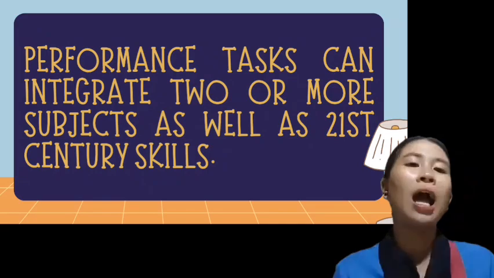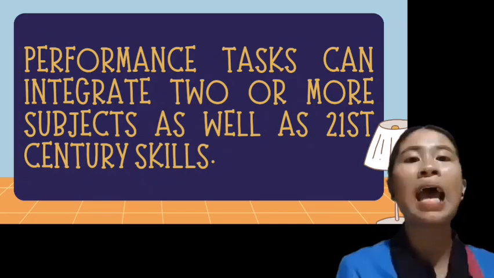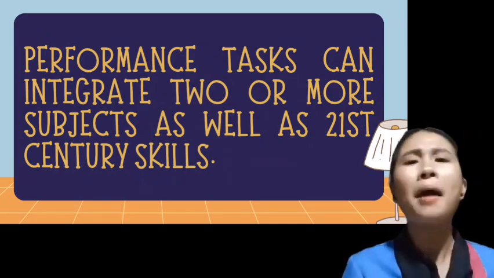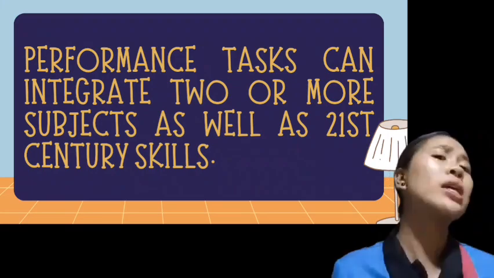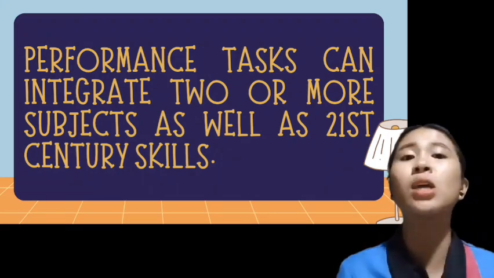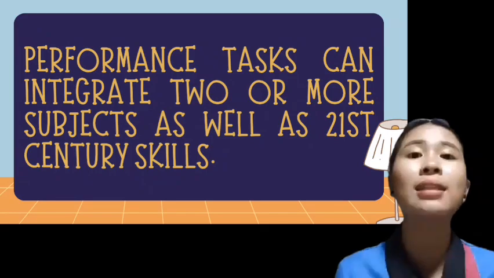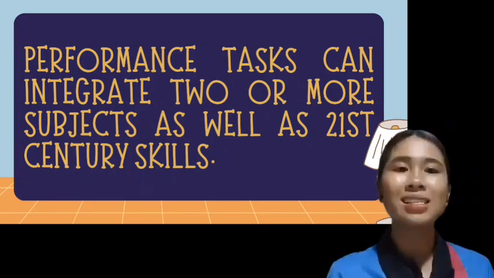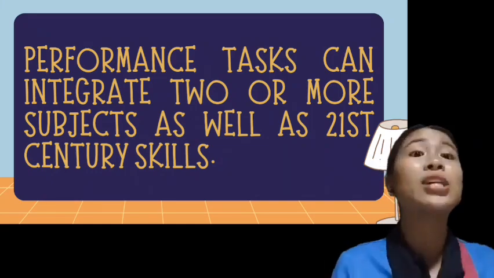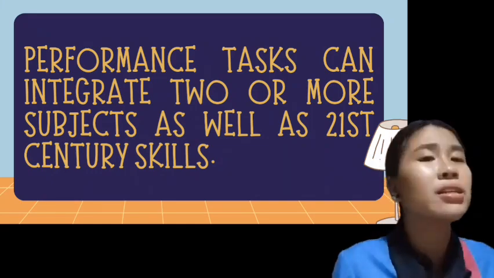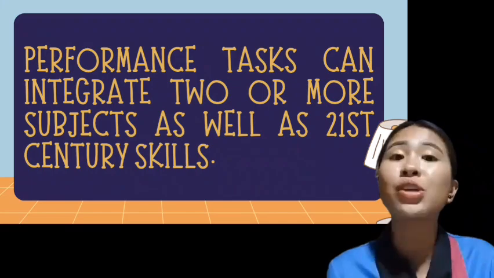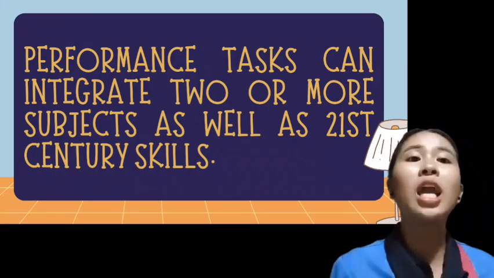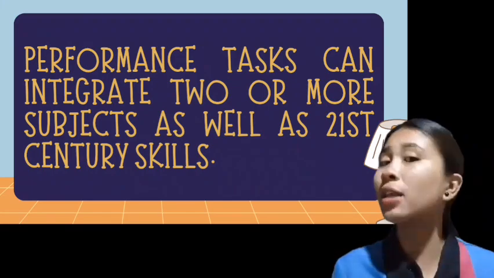For example, a performance task in an English and history class might ask students to research and write a historical fiction story set in a particular time period. So this task integrates English and history and requires individuals to use research skills, critical thinking, writing skills, and creativity.